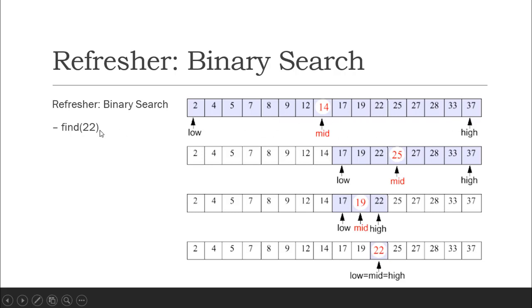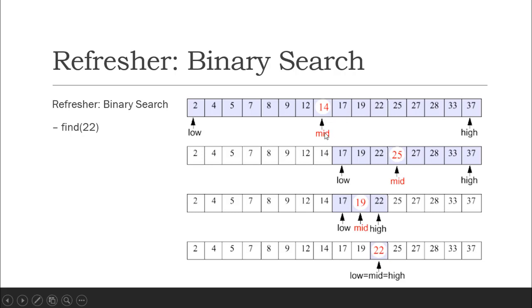So, is 22 less than the midpoint? If not, proceed to check on the right side. If 22 is greater than the midpoint, you cut your array.